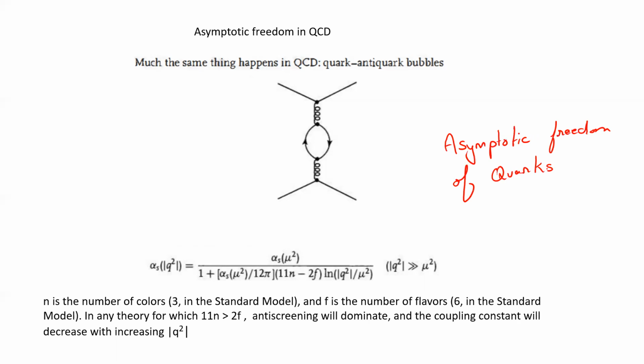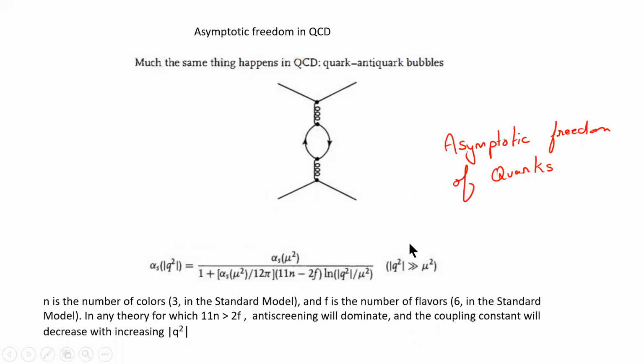We know that the strong force, mediated by the gluon, the nuclear force, is a short range force, and it binds the nucleons together. That means the quarks must have an attractive force that binds them together. But what we are seeing here is, as you increase the momentum transfer between them, the amount by which they couple together is getting decreased.